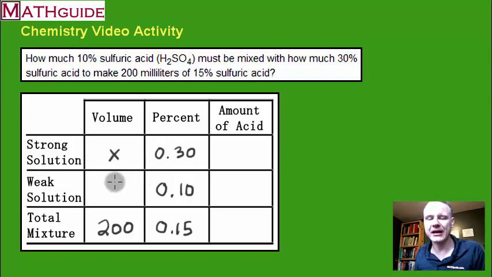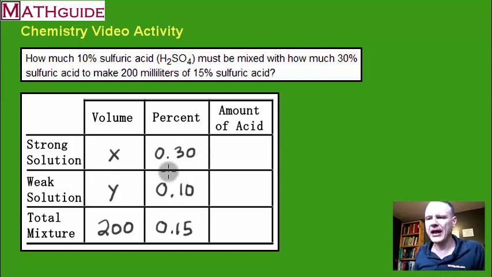So we're going to use X to define the strong solution, and then Y to describe the volume of weak solution. I'm using separate letters because I'm assuming that these two quantities are not the same. They could be the same, but the mathematics will bear that out once we do all the calculations. I'm assuming these two values are going to be different, which is a good assumption.